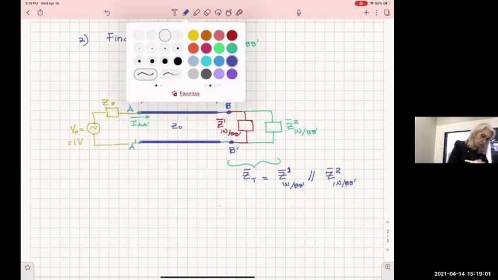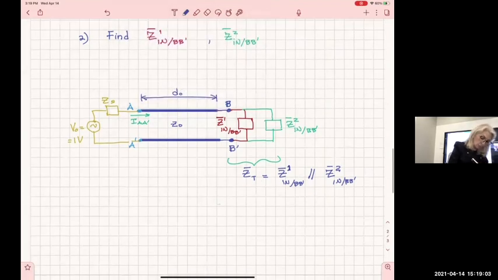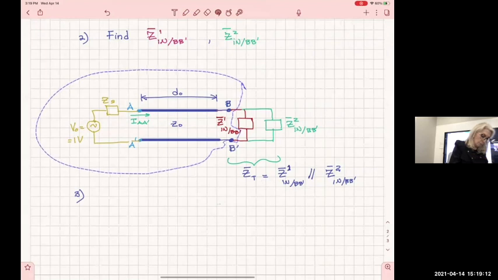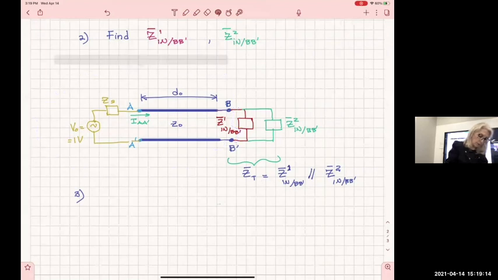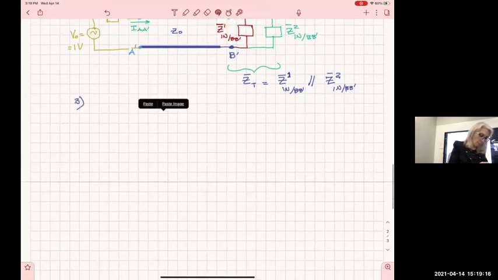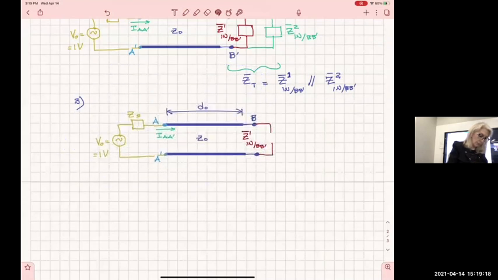So this was number 2. And then number 3 will be to take this circuit, copy it, come here, place it, okay?